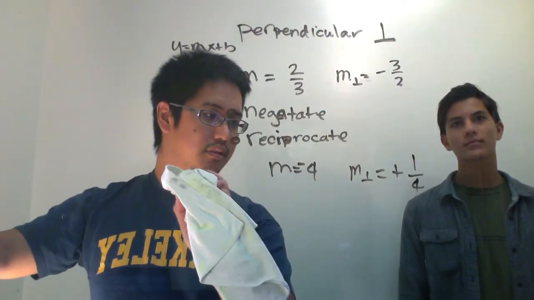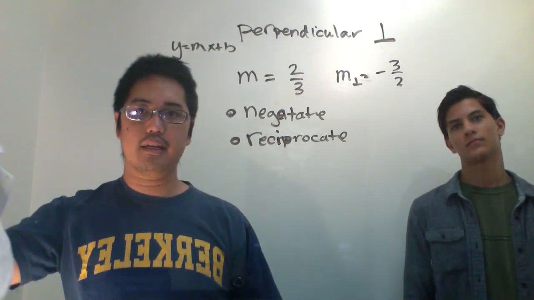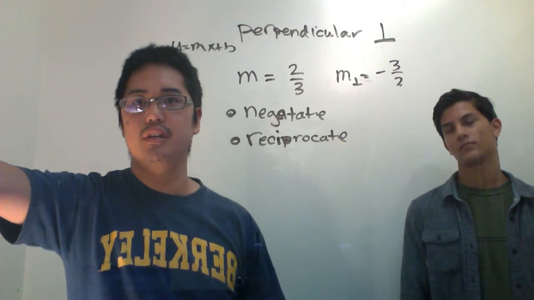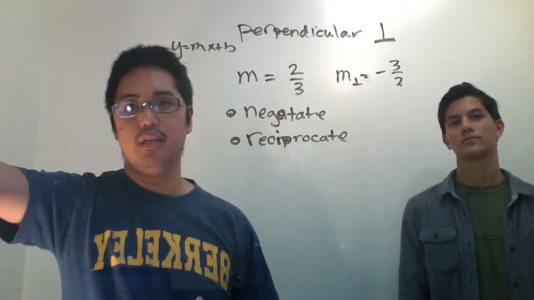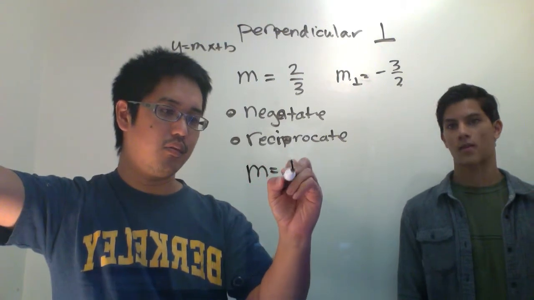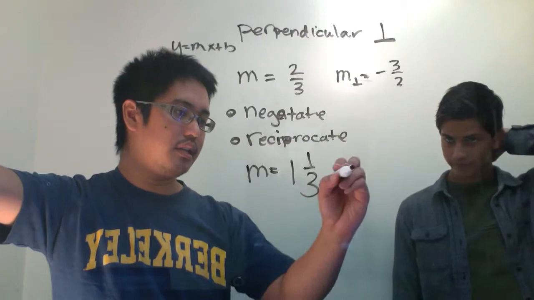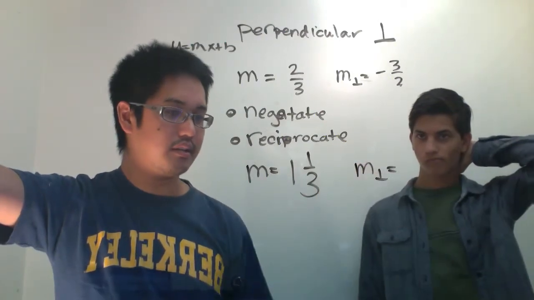If it's not a perfect fraction, let's say m is 1 1/3. What is the perpendicular slope of that?